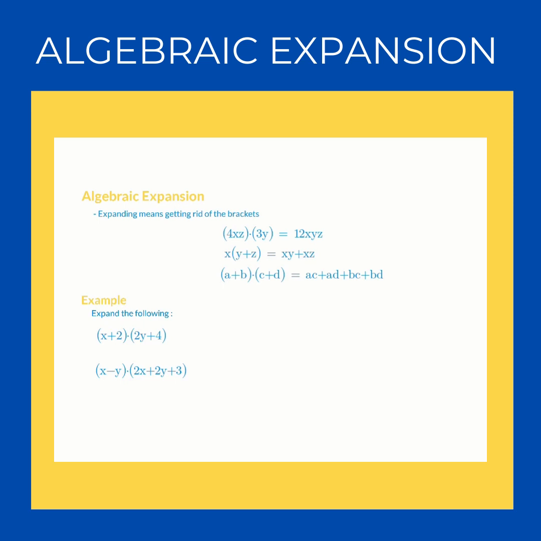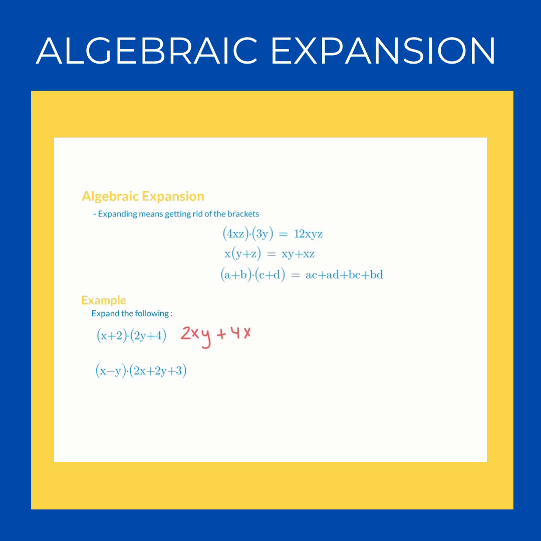So let's have an example. The first one is (x plus 2) times (2y plus 4). So first I will multiply x times 2y and the answer is 2xy. Then I multiply x times 4, which is 4x.